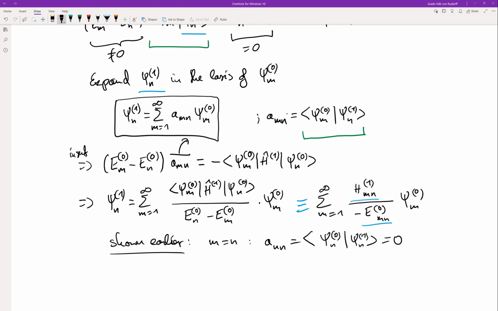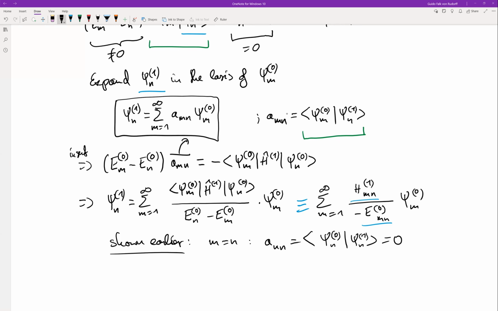All right, now this is beautiful because this means that for first order, we only need information about the character of the perturbation, that's the change in Hamiltonian, and about the unperturbed system. That's awesome. Can we do this for the second order as well?